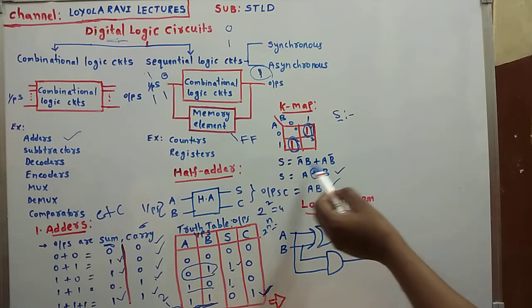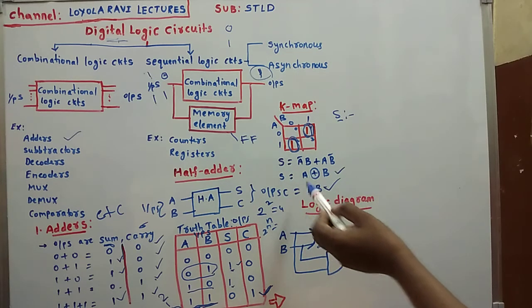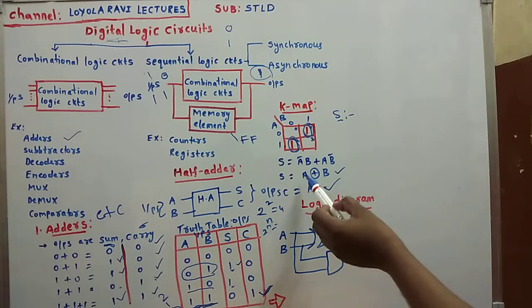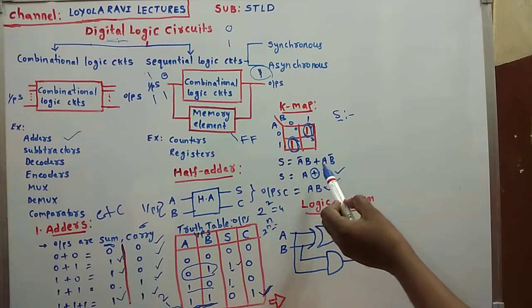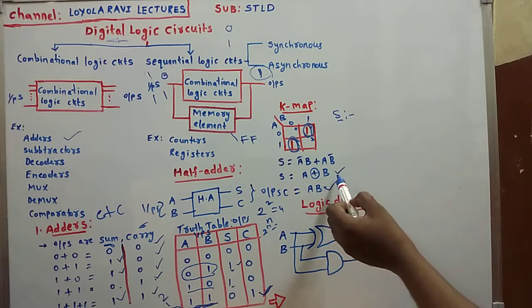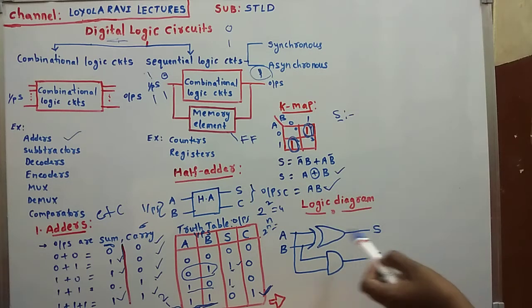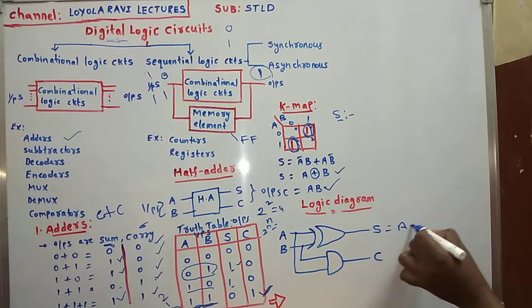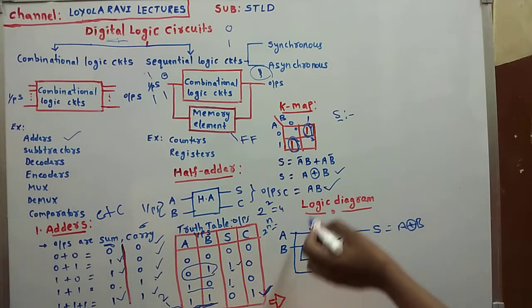Then by using these logic expressions, we can go for the logic diagram. I am taking inputs A B. For A XOR B, we need an XOR gate. So I am using an XOR gate with A, B, and the output is sum. Sum is equal to A XOR B. And what is the carry?